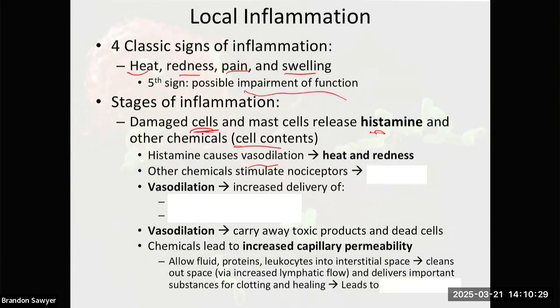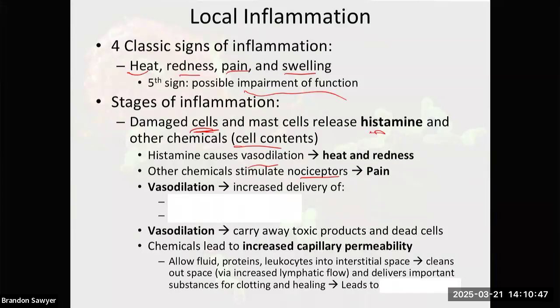Okay. Other chemicals, we have one in particular called substance P that is inside of our cells. When we release it, it goes out and binds to pain receptors, to nociceptors, and that's going to cause pain. Okay.